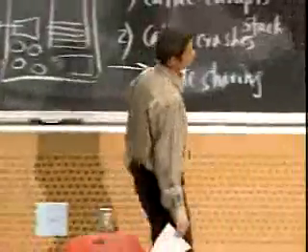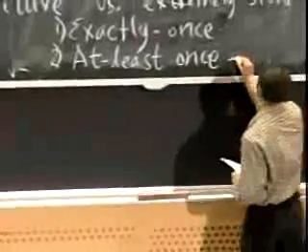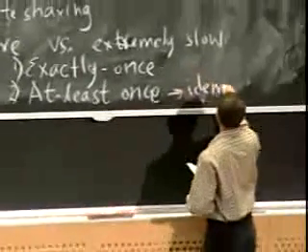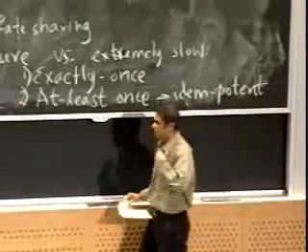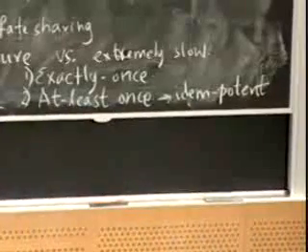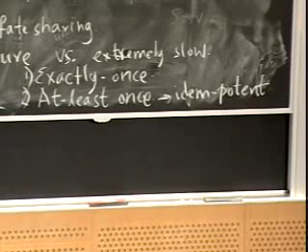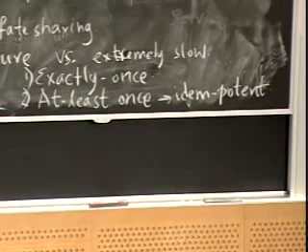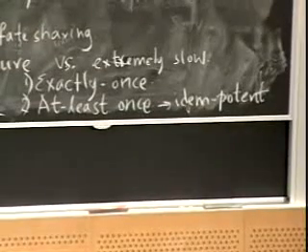But at least once is okay if the service has a certain kind of semantic called idempotent semantics. What that means is that when you do an operation more than once, the answers are the same as if you did it once. As a simple example, if this wasn't a transfer of money, but just you checking your bank account balance, it doesn't really matter that you do it 100 times.